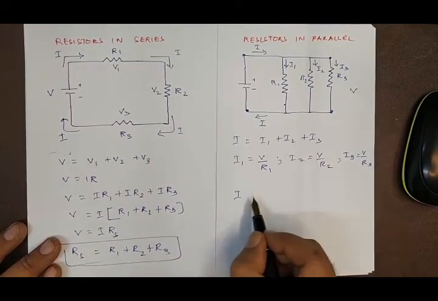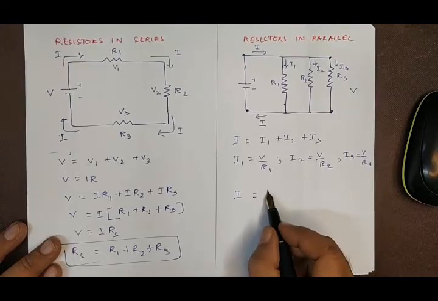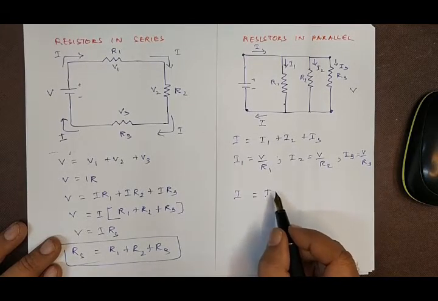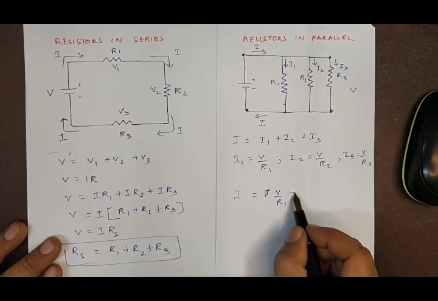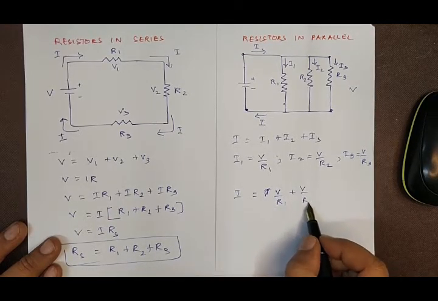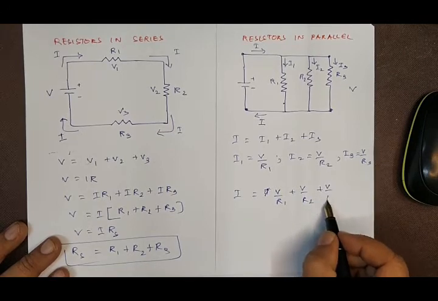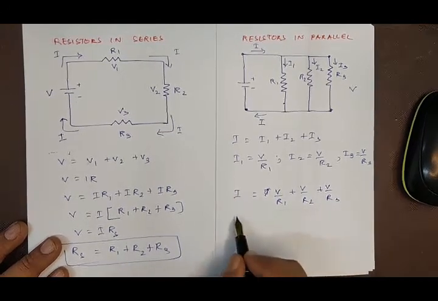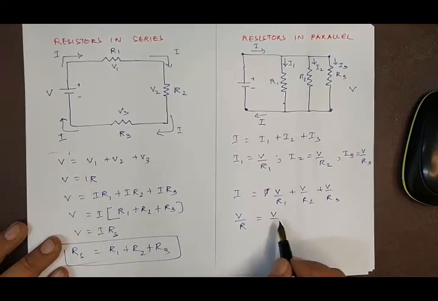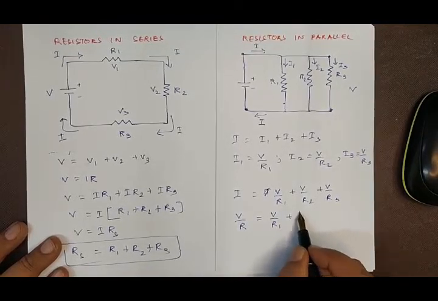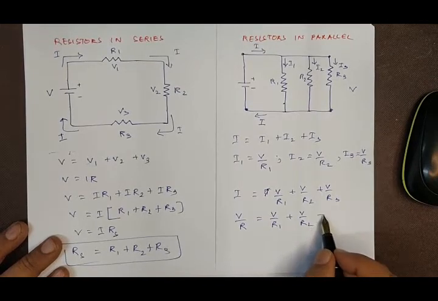Therefore, I is equal to, instead of I1 I can put V by R1 plus V by R2 plus V by R3, and this I can also be written as V by R is equal to V by R1 plus V by R2 plus V by R3.